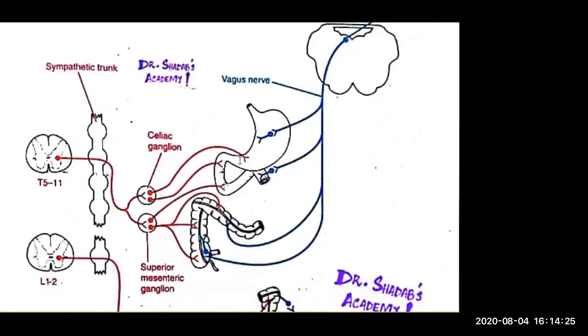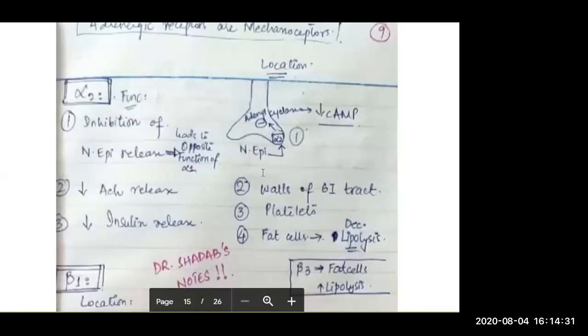So these are alpha 1 and these are alpha 2. Getting my point? We know that because the inhibitory function on the GI tract is parasympathetic, the vagus nerve will release acetylcholine. It will not release epi or norepi.